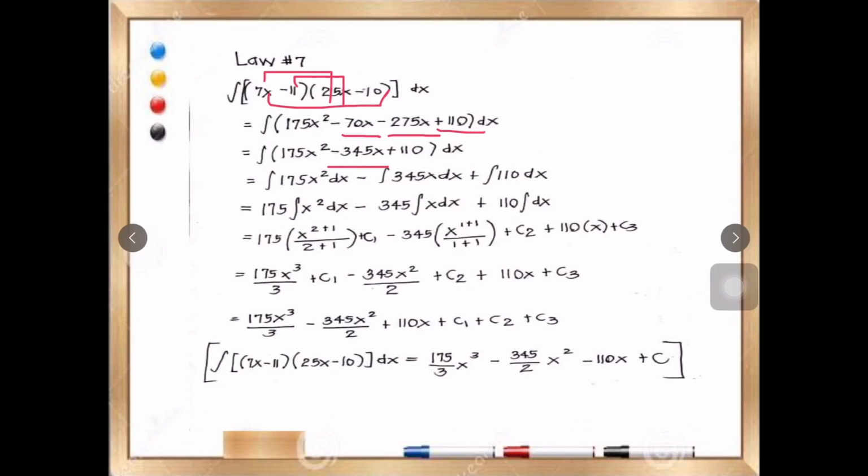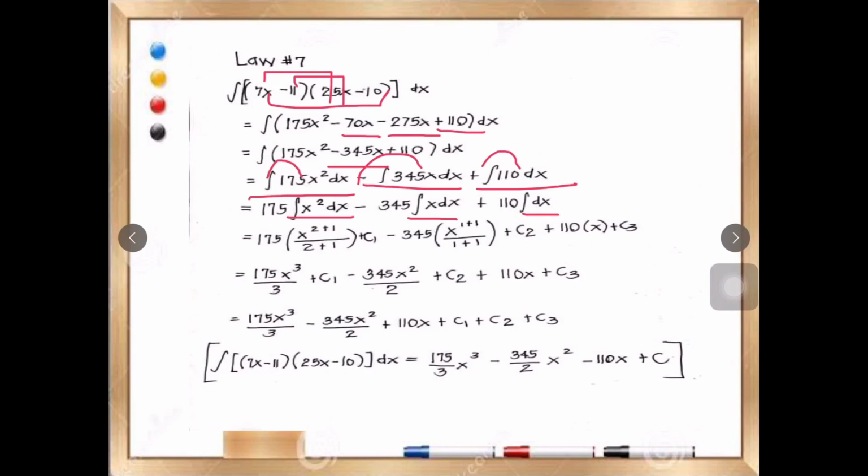We will now integrate our given. The integral of 175x squared dx minus the integral of 345x dx plus the integral of 110 dx. Labas natin yung 175, 345, and 110. So, we will get, then we will continue evaluating our given using law number 4. We will integrate that.